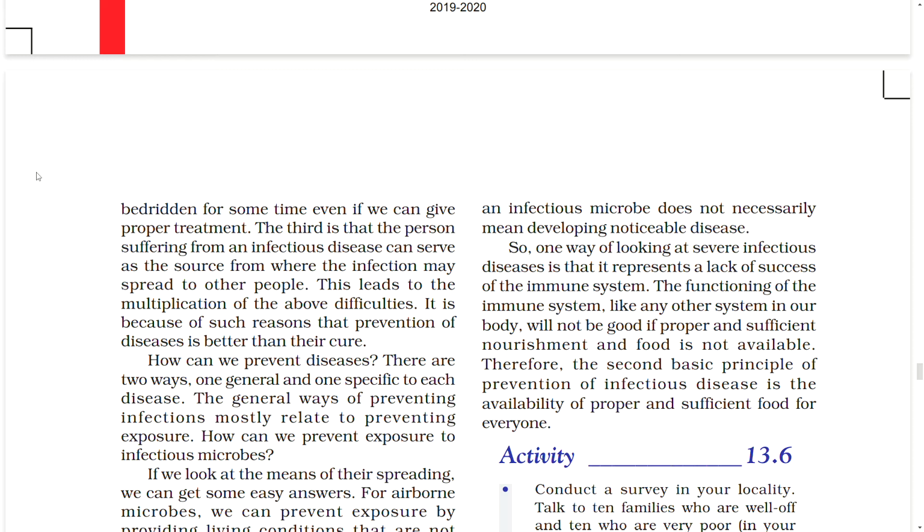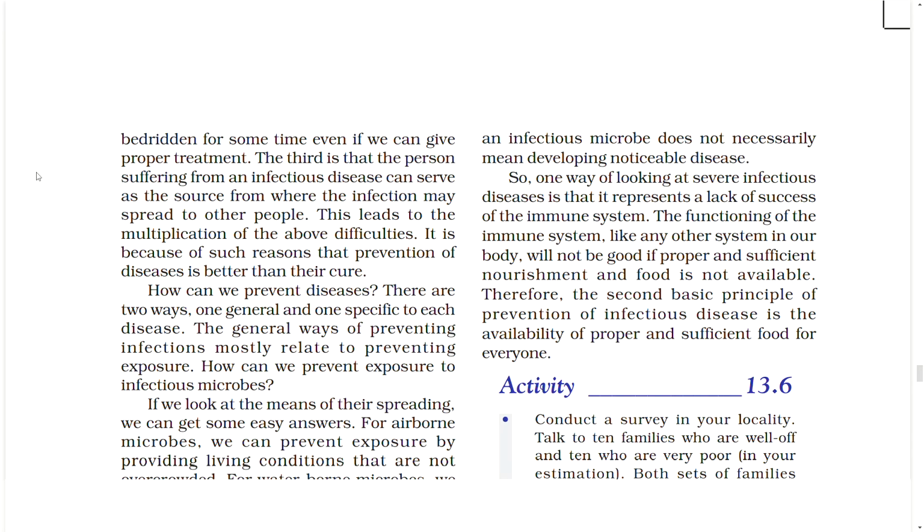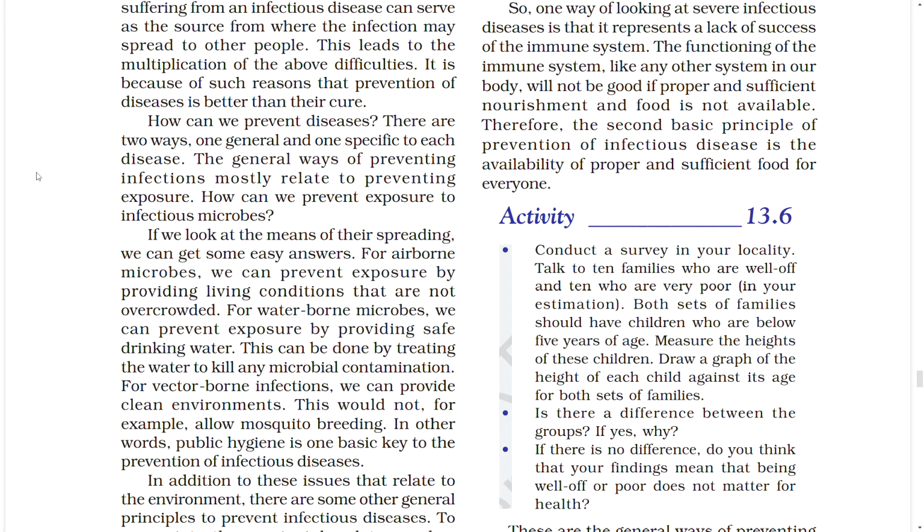How can we prevent diseases? There are two ways, one general and one specific to each disease. The general ways of preventing infections mostly relate to preventing exposure. How can we prevent exposure to infectious microbes? If we look at the means of their spreading, we can get some easy answers. For airborne microbes, we can prevent exposure by providing living conditions that are not overcrowded.